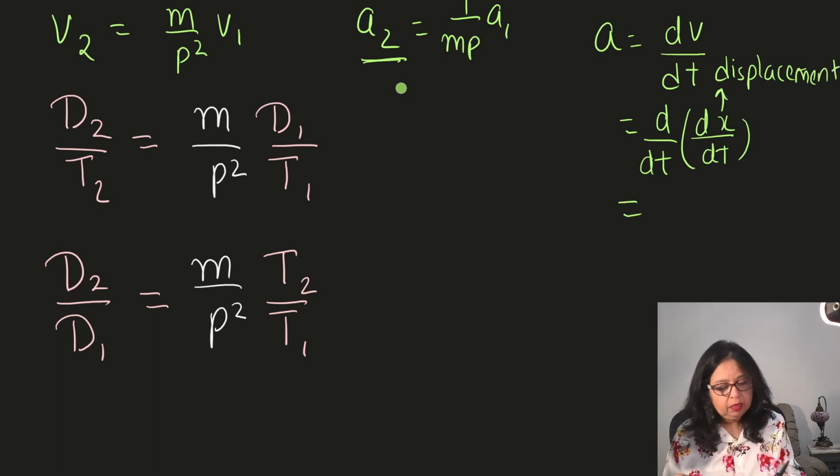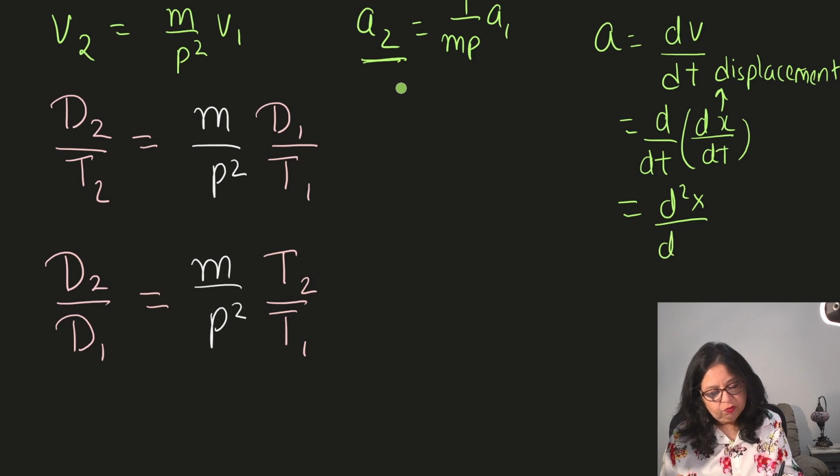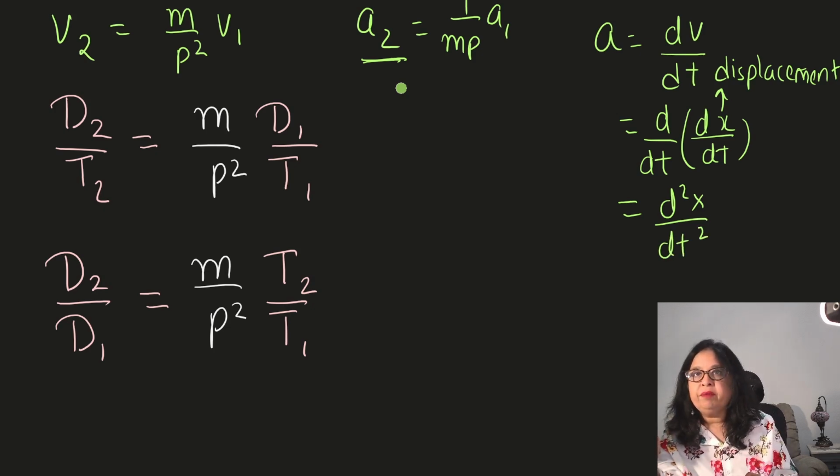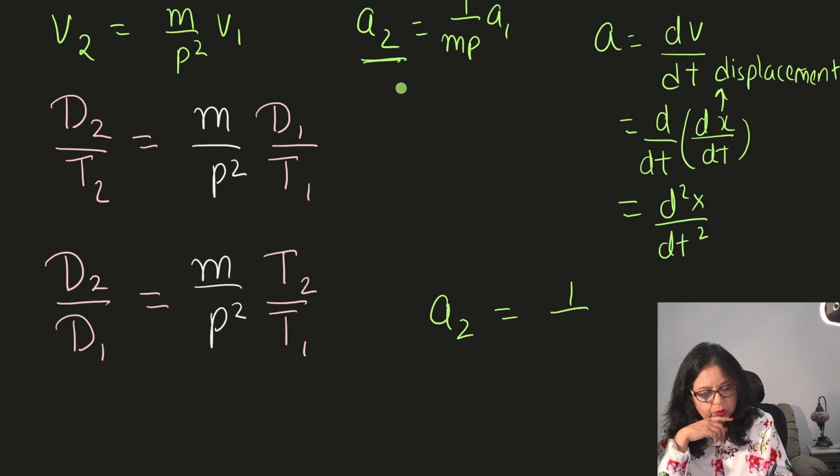All right, this is d squared x over dt squared. So in this case, I'm using, instead of x, d for displacement, correct? So I will say A2 equals 1 over mp A1.